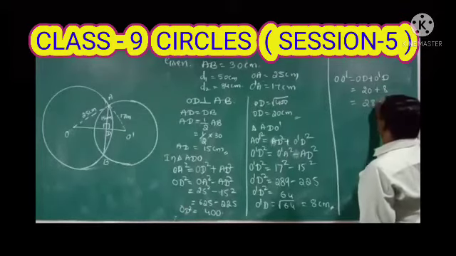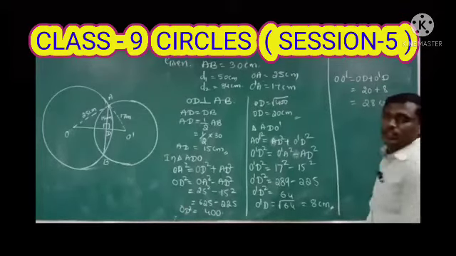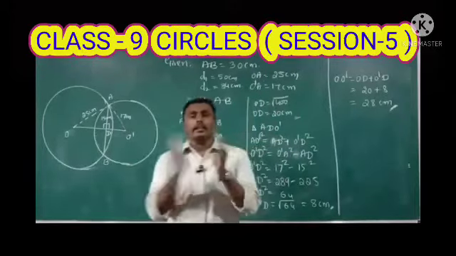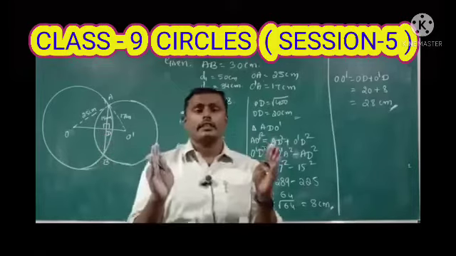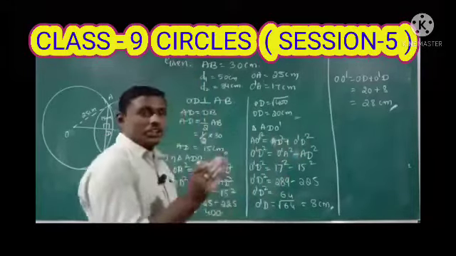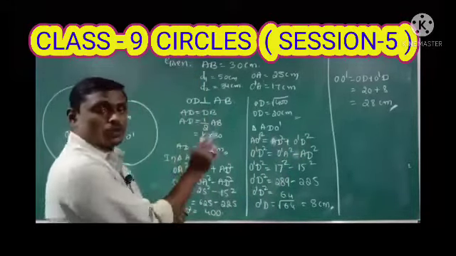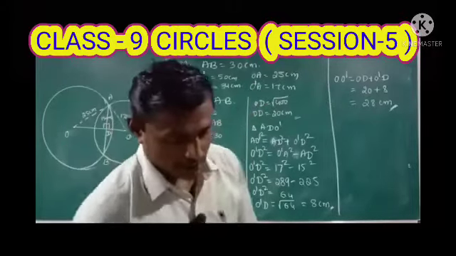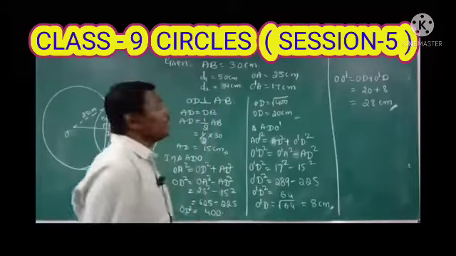Sum of these two is equal to 28 centimeter. So the two centers are exactly 28 centimeter apart from each other. So the distance between the two centers of the circle is 28 centimeter. This is the required answer.